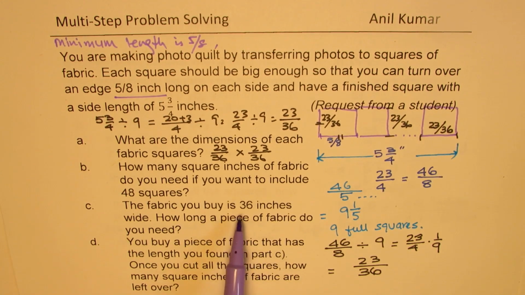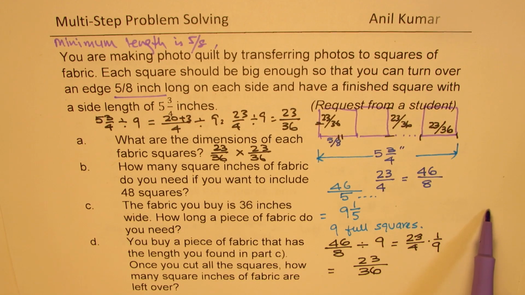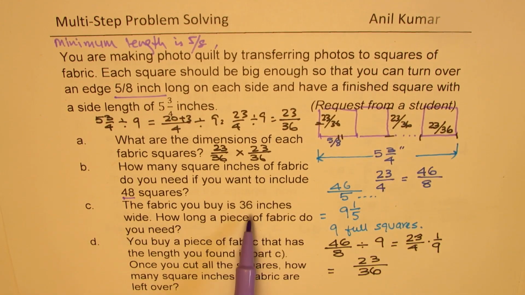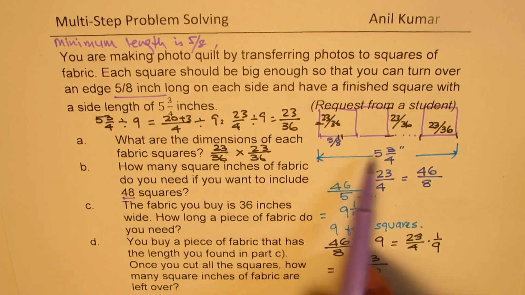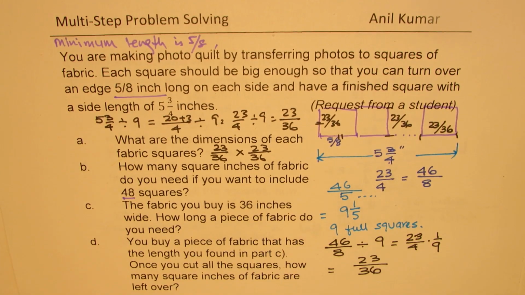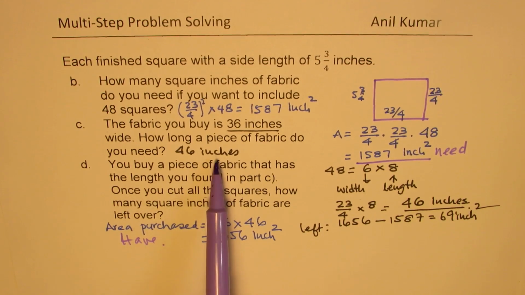Now since we have 36 inches as the width, we found that we can place 6 of these along the width and 8 along the length, to make 48. Since 8 should be placed along the length and each is 5 3/4, we multiplied this by 8 to get the total length, which was 46 inches.